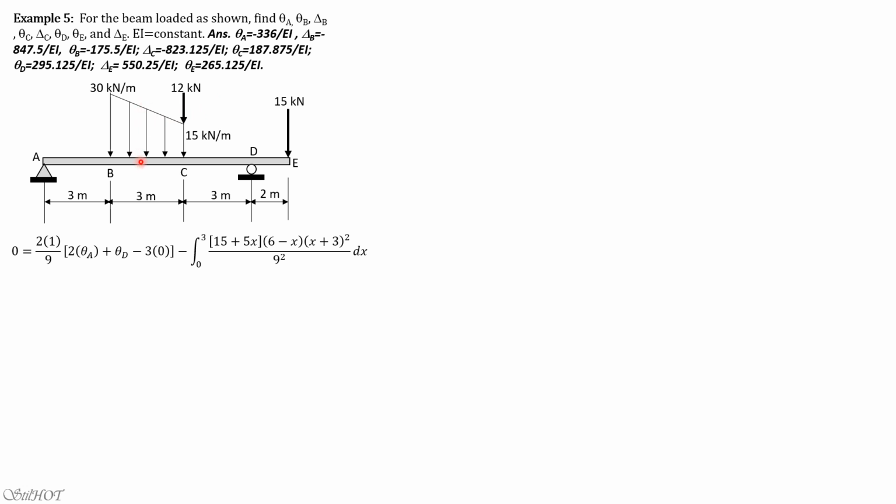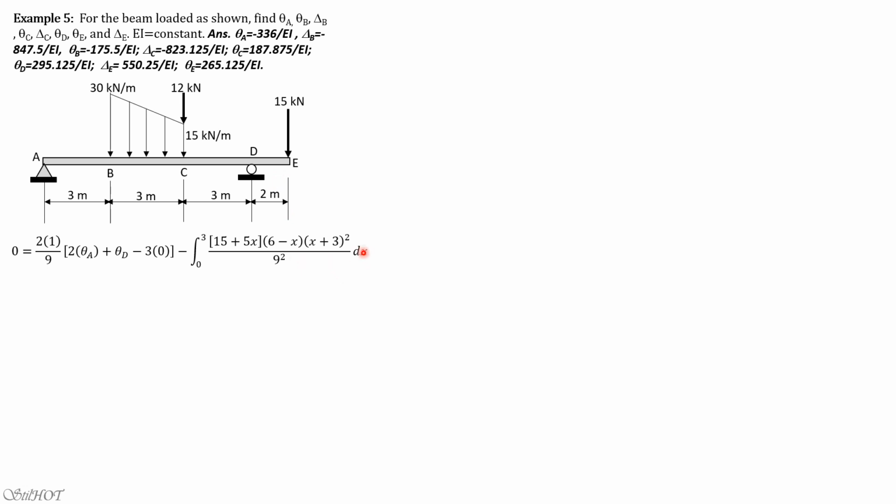So if x is the distance from C to the strip, imagine that the triangular loading intensity is 30 minus 15, so 15. 15 divided by 3 is 5. Therefore, the height of the strip is 15 plus 5x. So we have height of strip 15 plus 5x dx times the distance of the centroid of strip from A, which is 6 minus x, and the distance of strip from B is x plus 3.